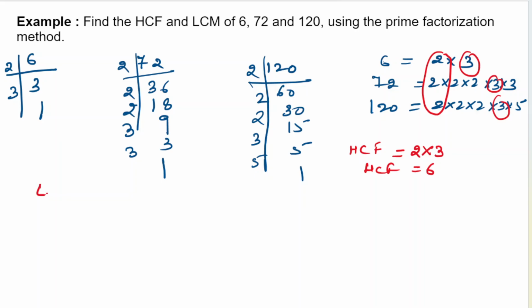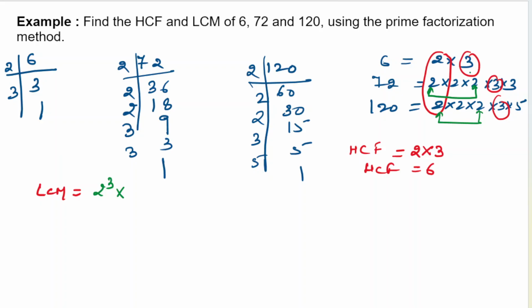Now we will go for LCM. For LCM, we will take the greatest power involved in all the numbers. The greatest power of 2 involved is 2 to the power 3, so we write 2 to the power 3.